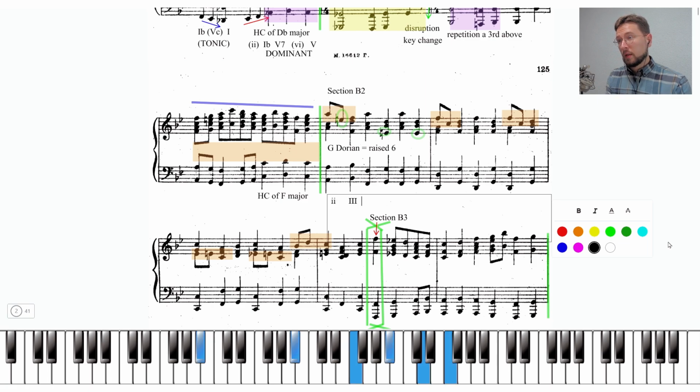But then quickly it becomes this sequence of 7th that goes to the tonic with the added 6. And then we have the dominant minor that goes to the tonic with the added 7th, and so forth.